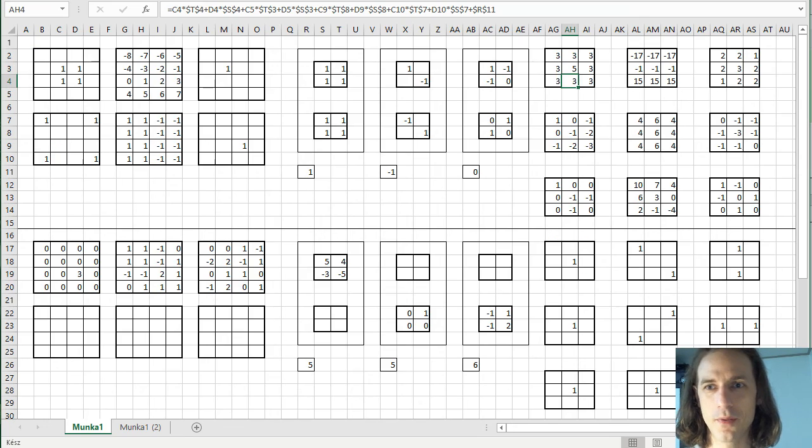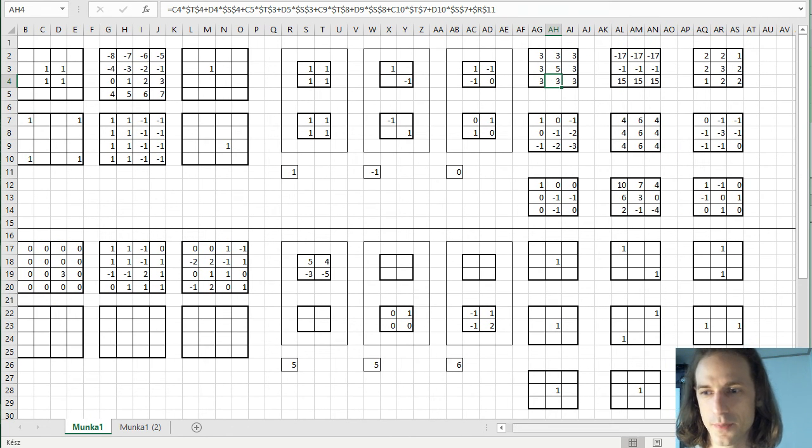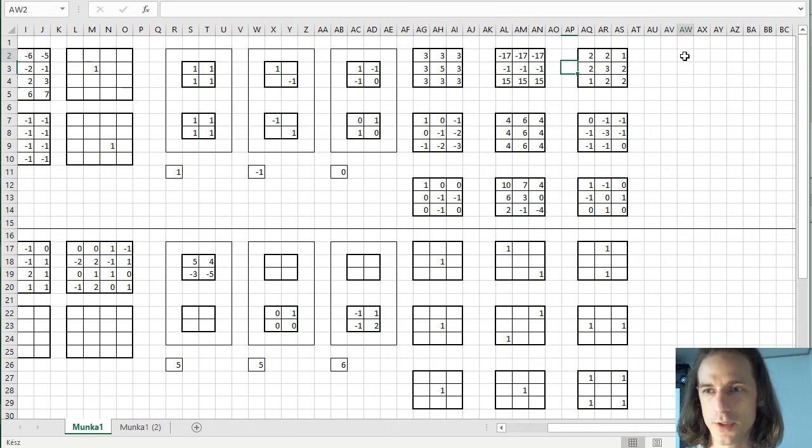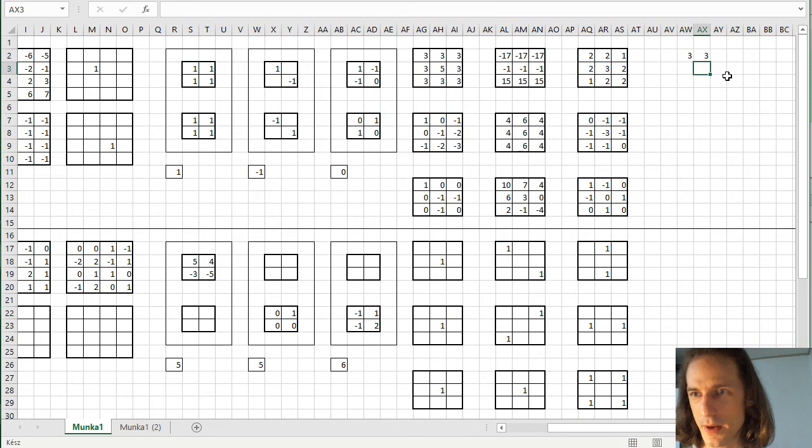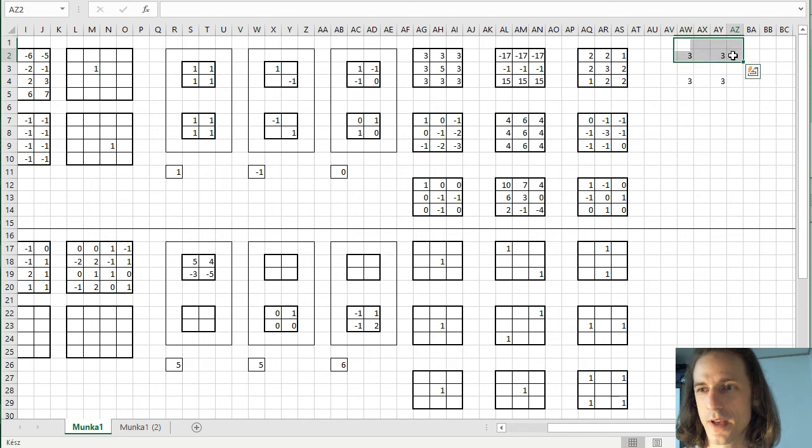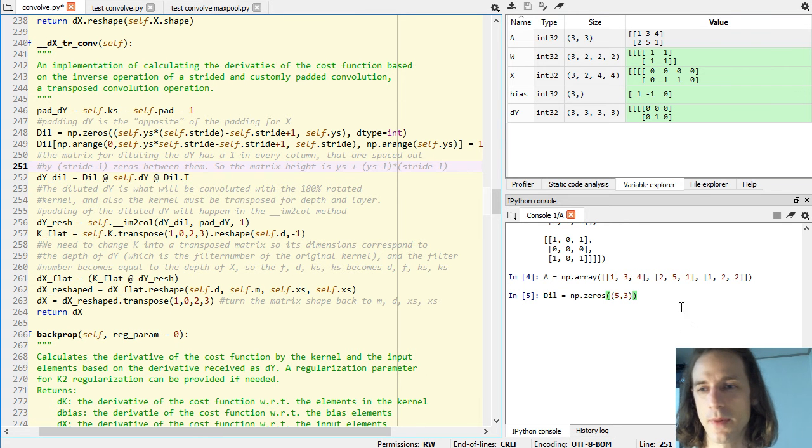If my output would be just 3, 3, 3, 3, I want to put zeros between them, but not on the sides, just in the middle. That's how you should be thinking about this.